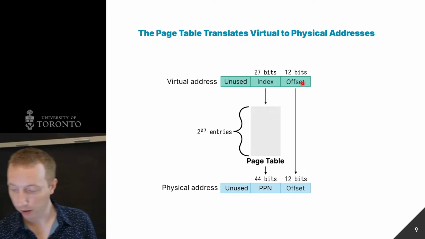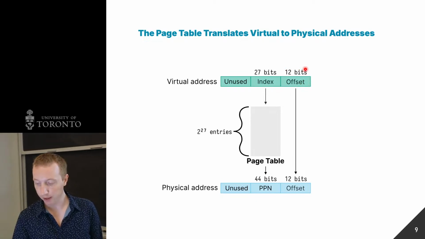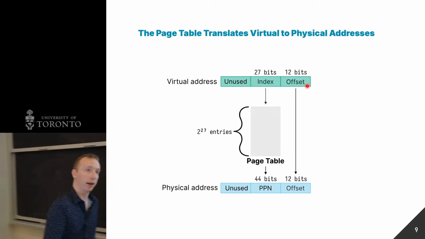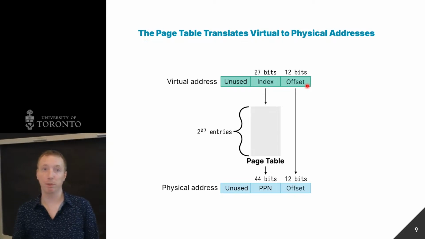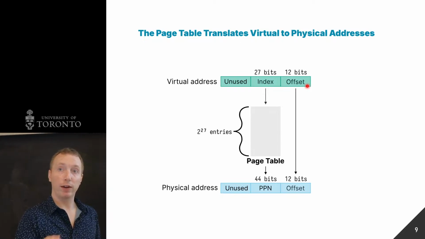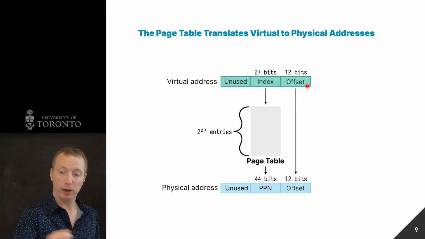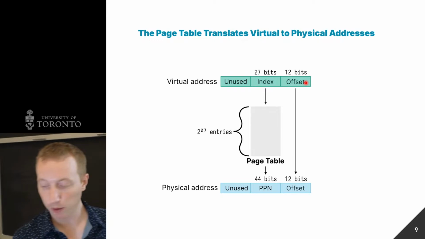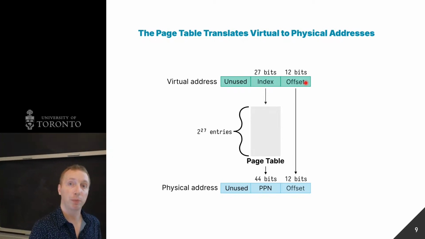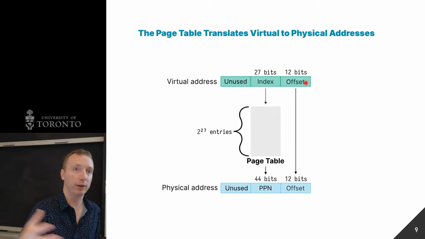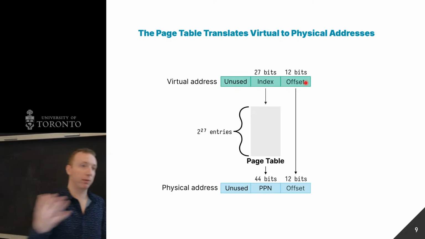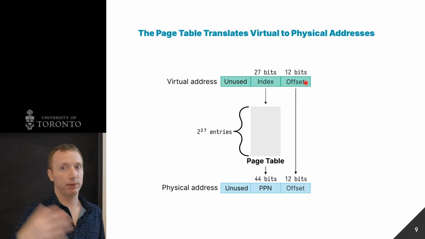The number of bits we use for the offset is determined by the page size. In this case, if our page size is 4096, that is the same as 2 to the 12, which means we would have 12 bits that indicate which byte on a page we would like to access, going all the way from 0 to 4095, right?